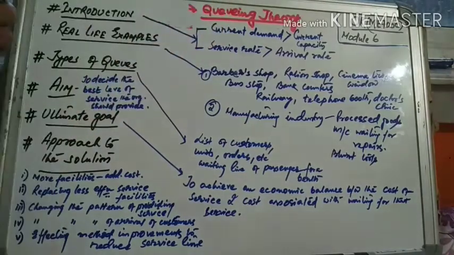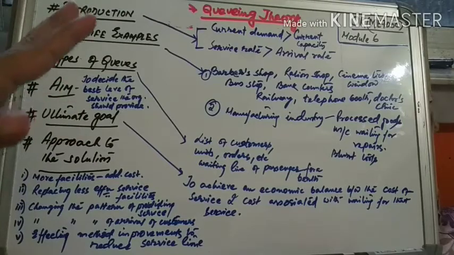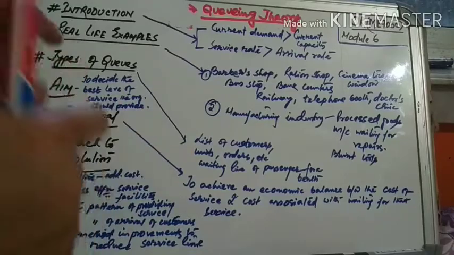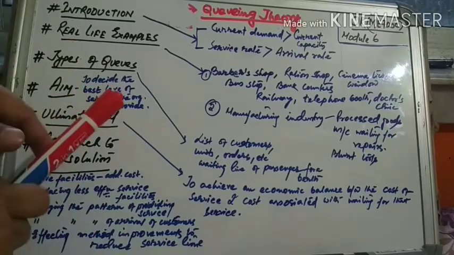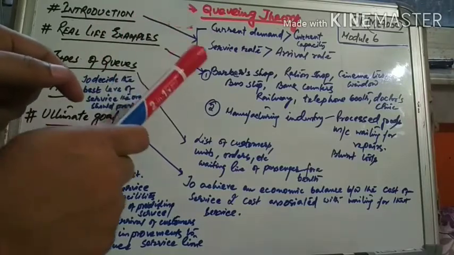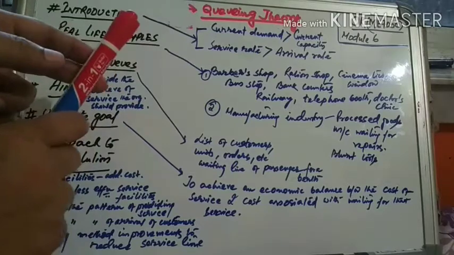Now, coming to the introduction part, I can tell you how the queue is formed. The formation of queues or waiting lines is a most common phenomenon in our everyday life. It occurs where the current demand exceeds the current capacity to provide that service.